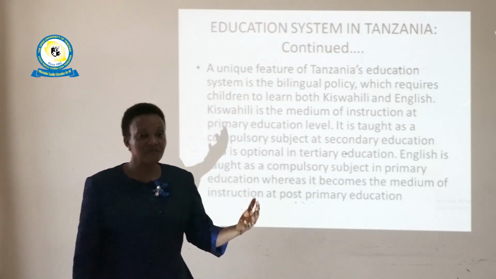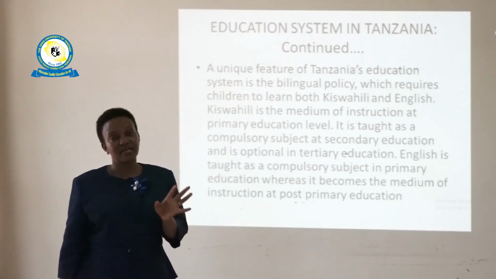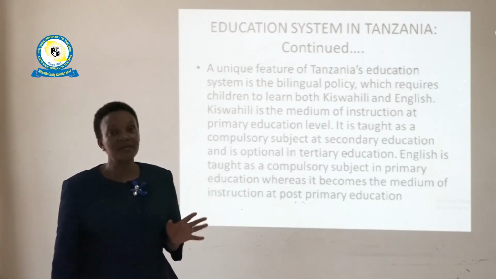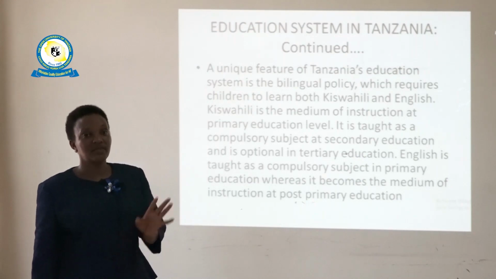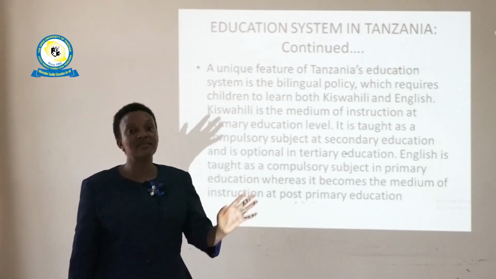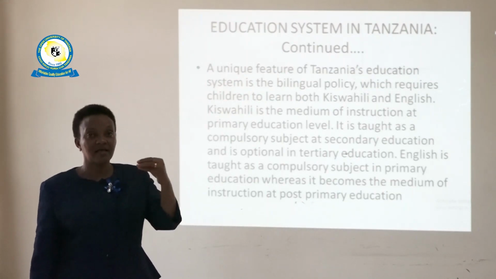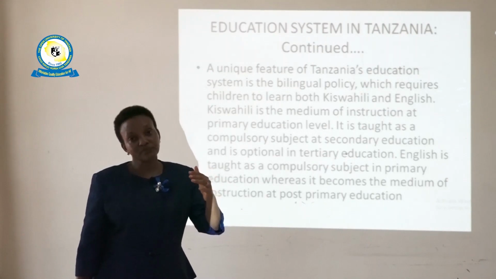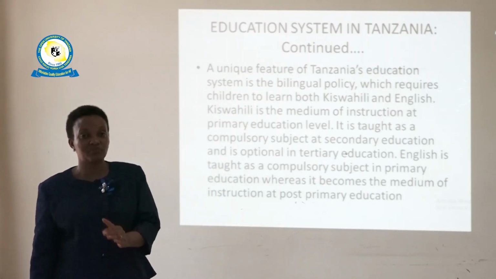The financing of education is done by the government, especially in public primary schools and public secondary schools. The education is financed by the government. Only a few things a parent has to pay.